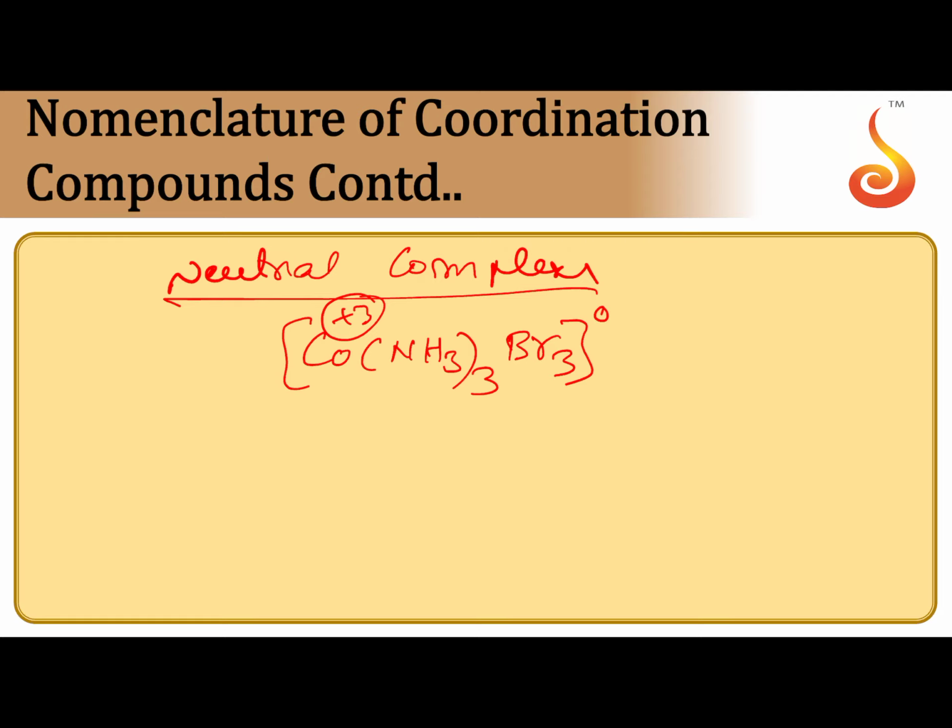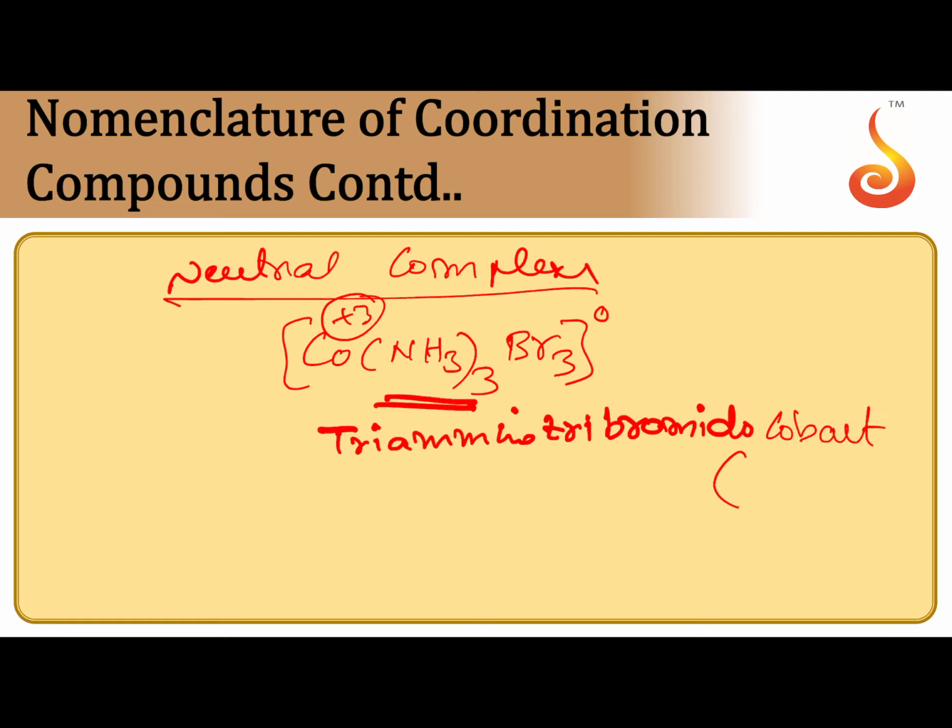No counter ion is present outside. First you write the amines, triammine. There are 3 bromide ligands. Br minus is not a counter ion, this is a ligand, that's why tribromido. Then cobalt, its oxidation number is 3.